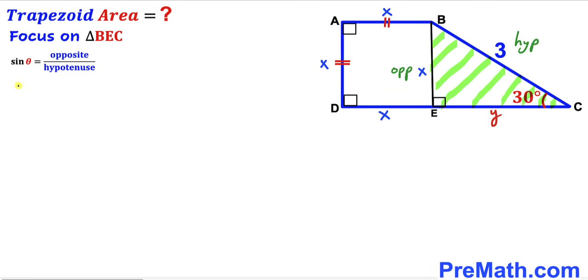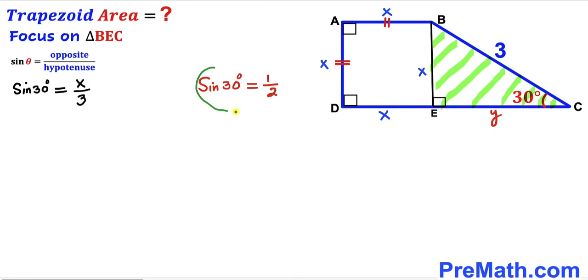So sine of 30 degrees becomes x divided by 3. We know that sine of 30 degrees is 1 divided by 2, so we can write 1 divided by 2 equal to x divided by 3.